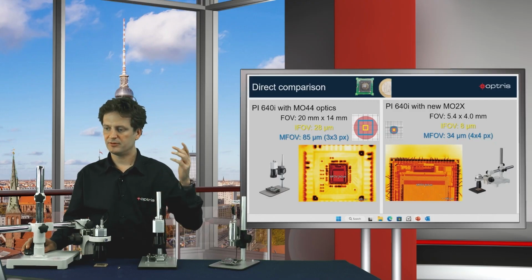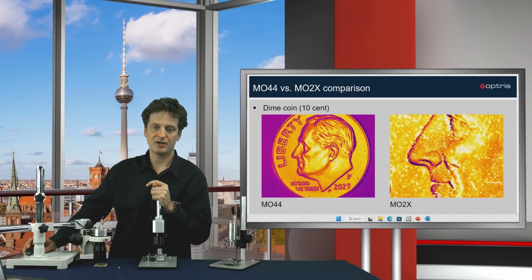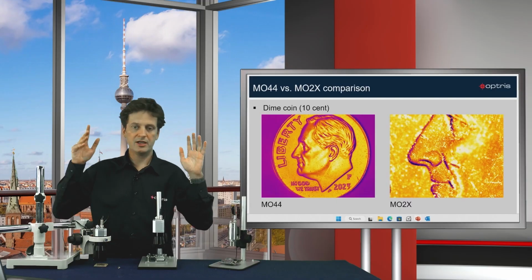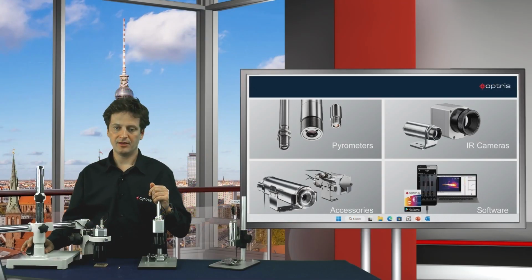Let's have, to make it one more time clear what we are talking about, a more real-life example. Here we see a dime coin in resolution. We took this shot once with the MO44 and we see the whole coin, and with the MO2X we are much closer and we can see much more detail.